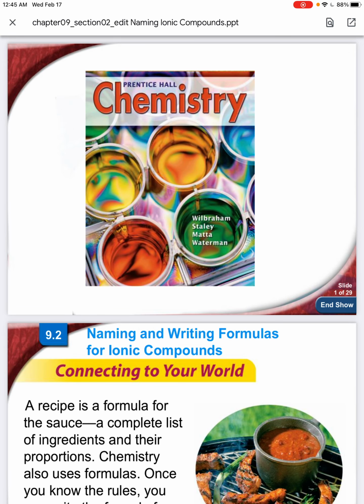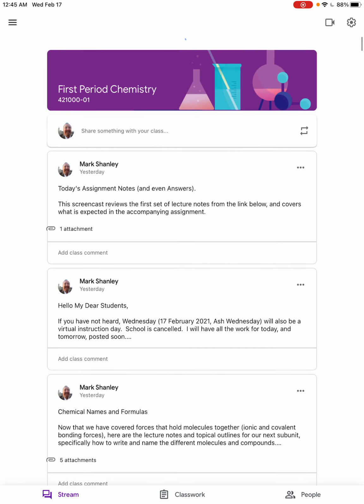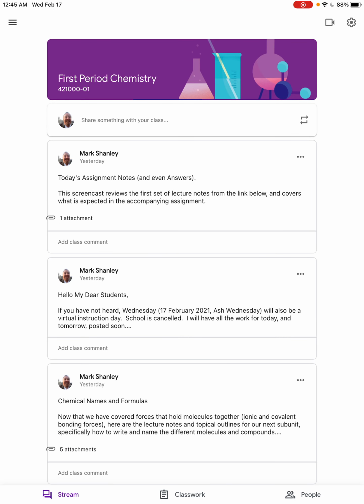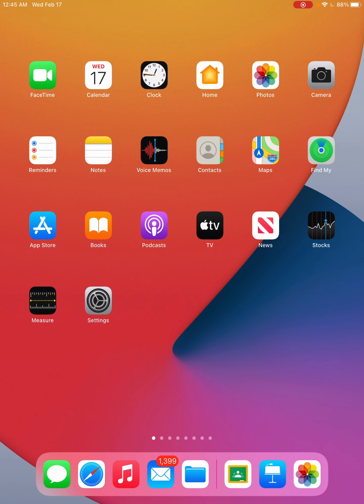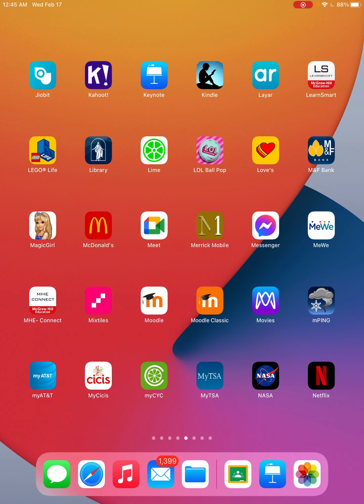So what you want to do is open that up. I've already opened it up and saved it to a file, and now rather than open it in Google Docs, I'm going to go back to our class stream and go to my program, Keynote.